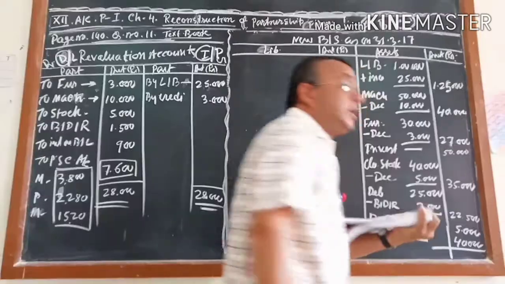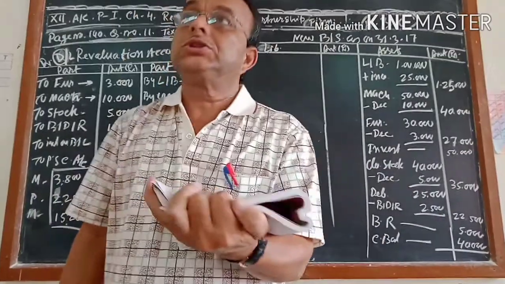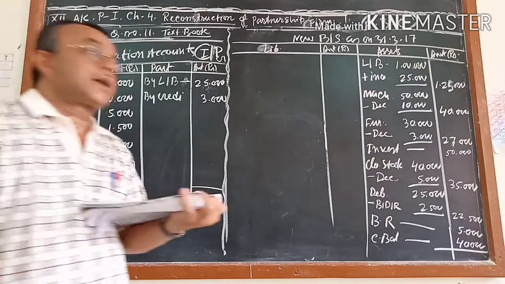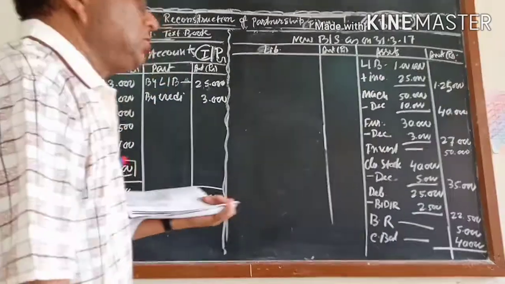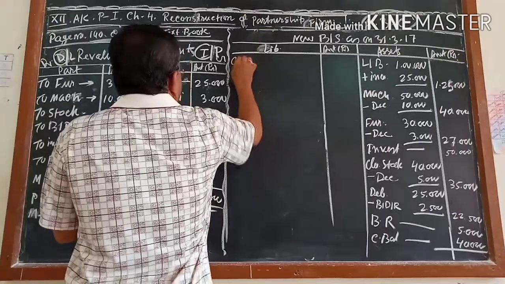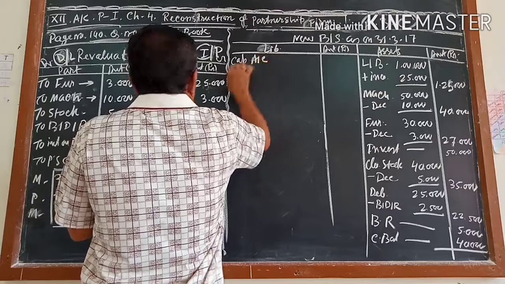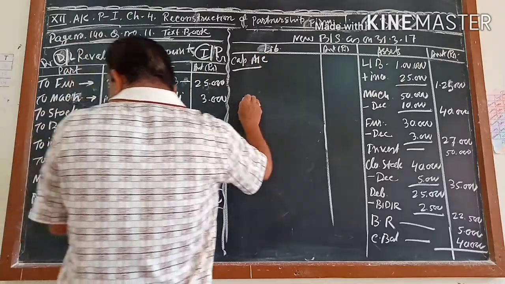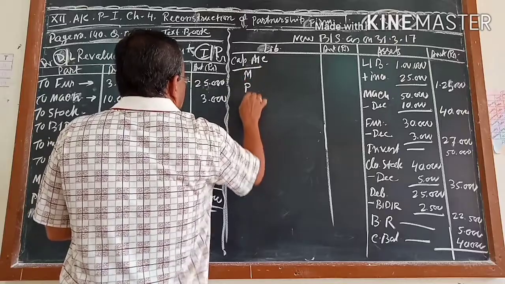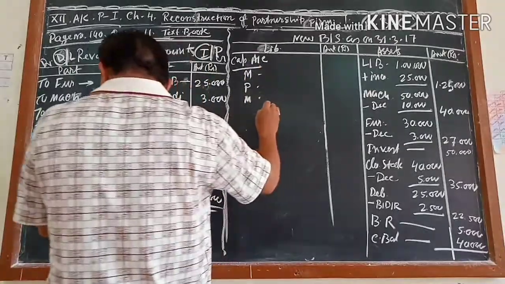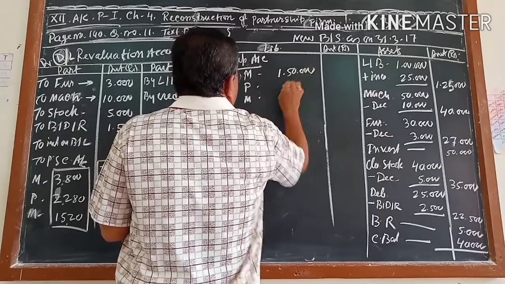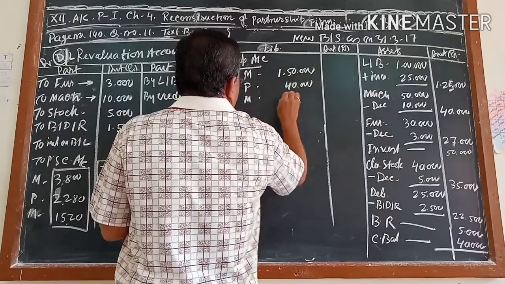Actually, there is a change in assets and liabilities, except one asset. Keep in mind, the cash balance and bank balance will not change. Now on the liability side, the capital accounts, that is M, P and N: 150, 40 and 30.